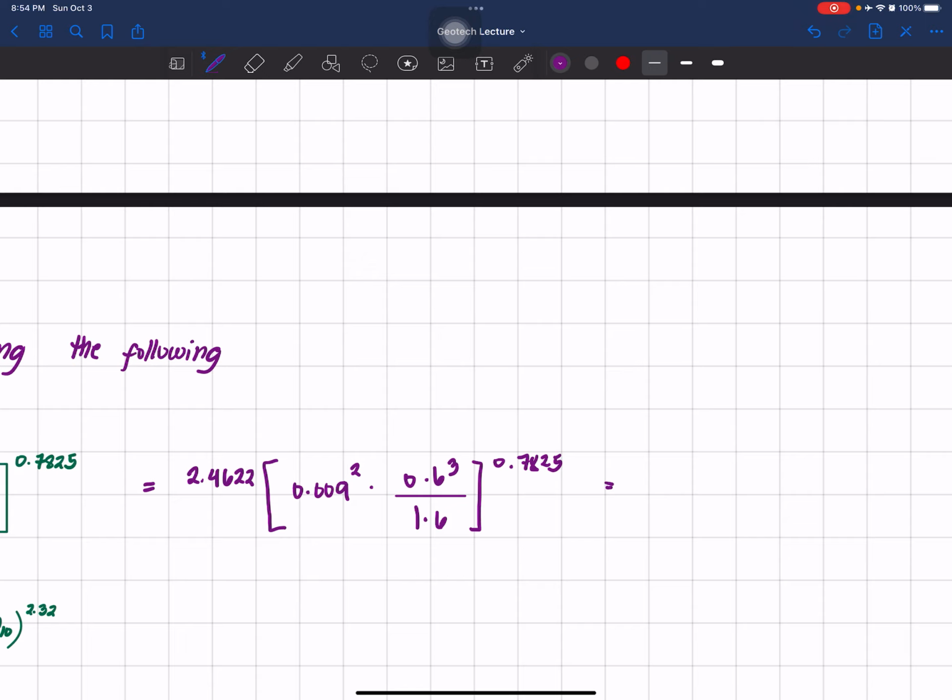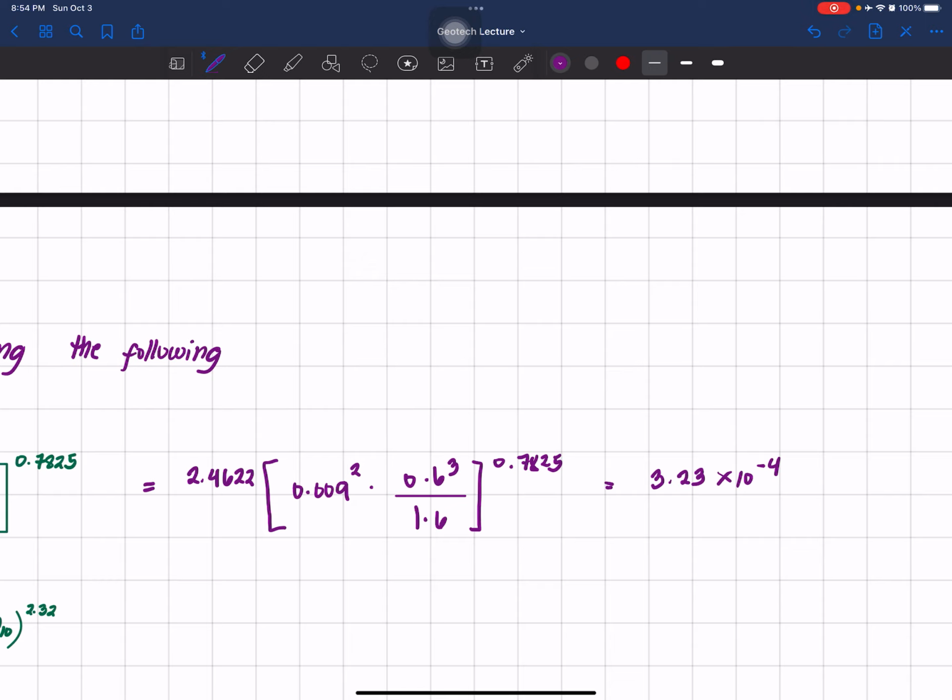Ayan guys. I don't know if you got the same answer, pero ang nakuha ko sobrang liit. So this is 3.23 times 10 to the negative 4. Okay, so yun nakuha ko guys na sagot.